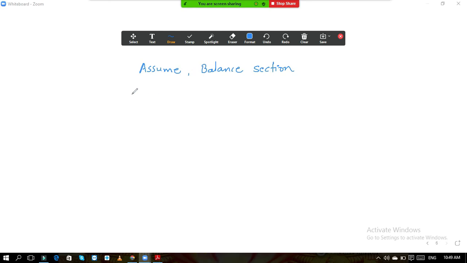So compressive force equals tensile force in the balance section. If you equate these two and put the formulas, you will get the answer.